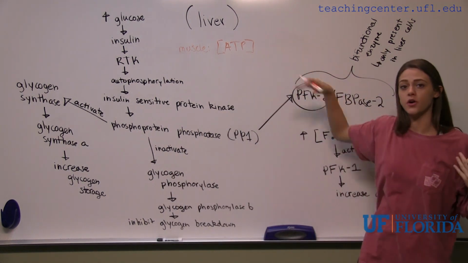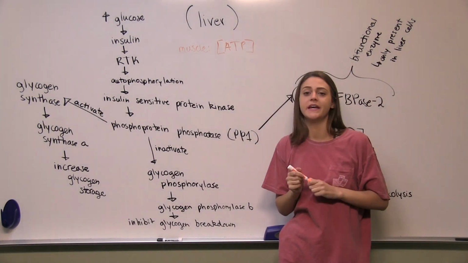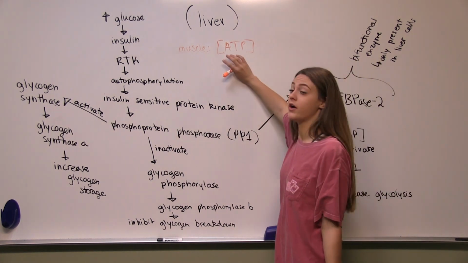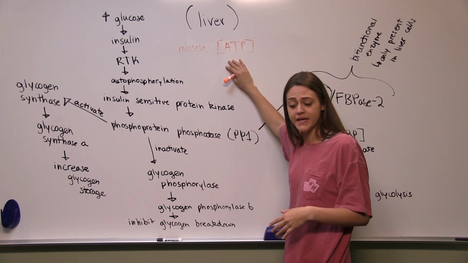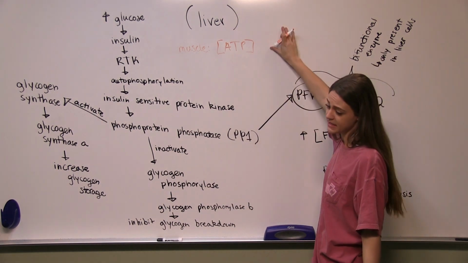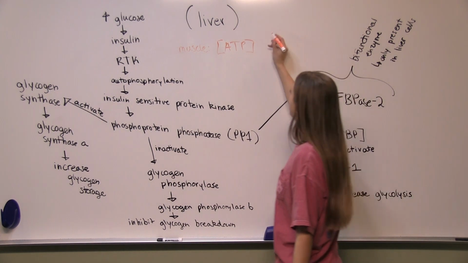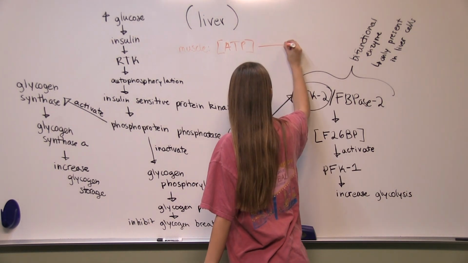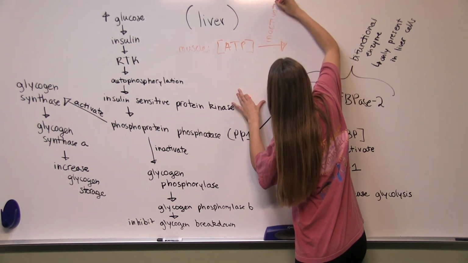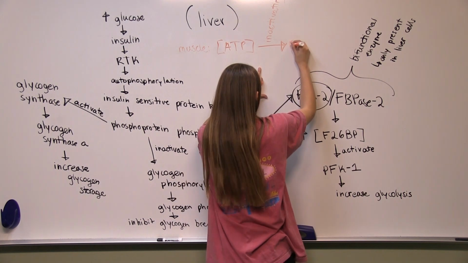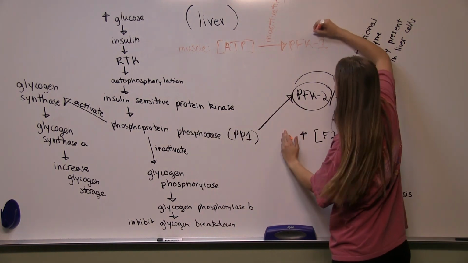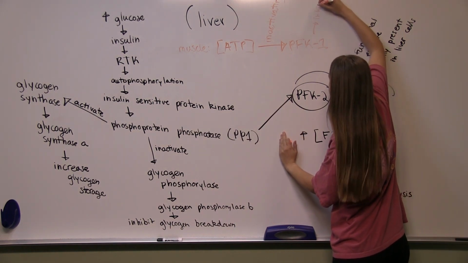If you have high ATP, so say you ate a large pizza and now you were just watching TV, relaxing, so you have high energy, you have a lot of ATP, however you have low energy demand, then you're going to have this high ATP inhibit glycolysis by inactivating PFK1. And this is going to inhibit glycolysis.